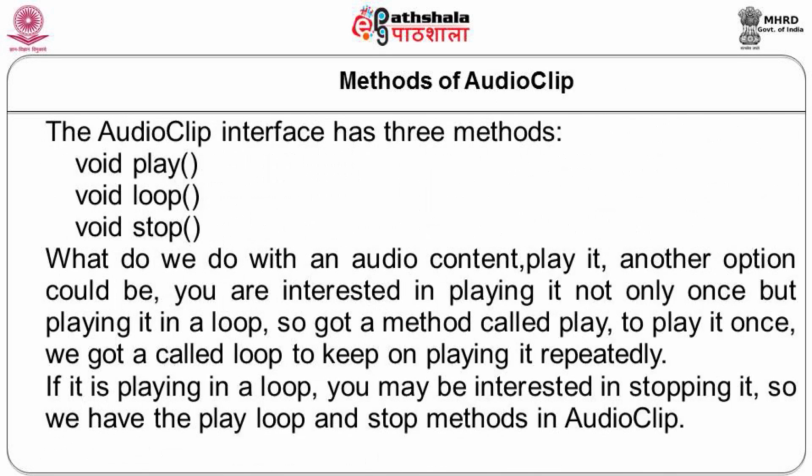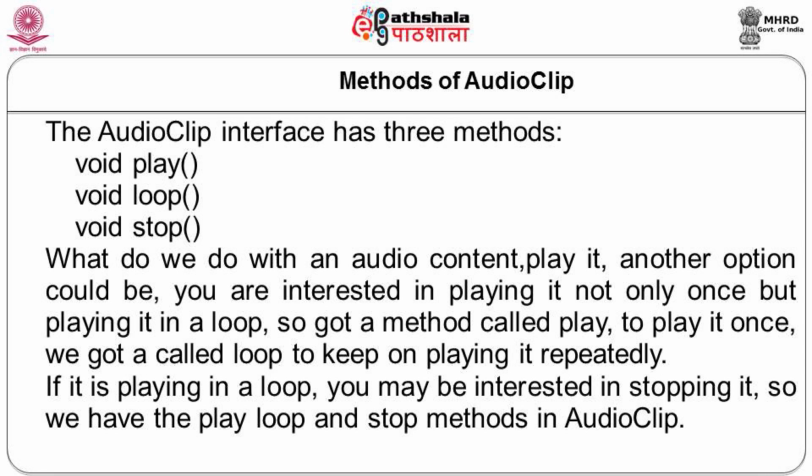What do we do with the audio content? AudioClip represents an audio content. One thing is you could simply play it. Another option could be that you may be interested in not playing it just once, but looping it again and again. So we have a method called play to play it once. We have a method called loop to keep on playing it repeatedly.